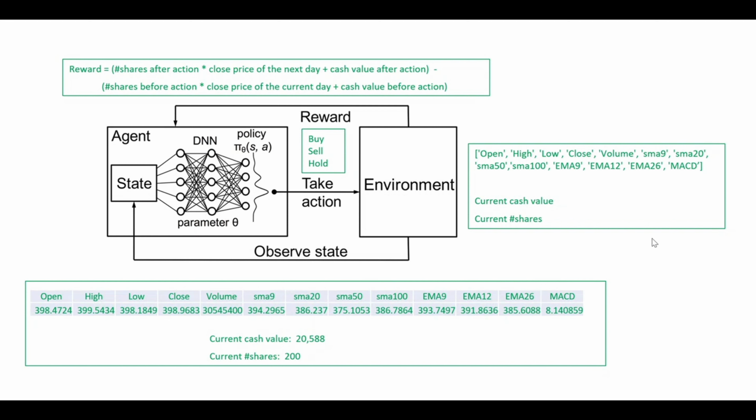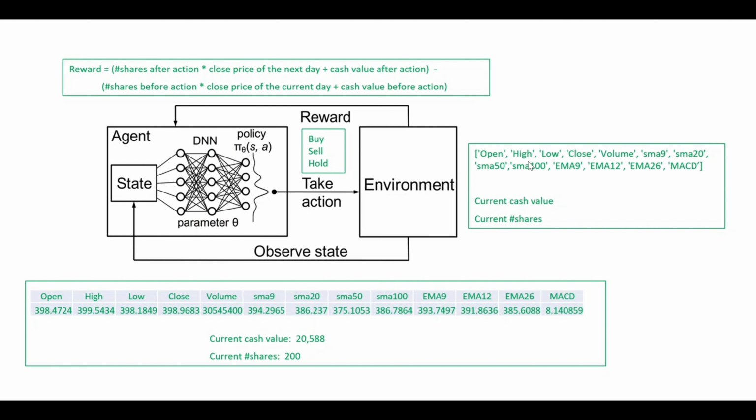Remember that we have a data frame that stores SPY daily price and volume data, and we also derived a bunch of indicators. So the attributes that we have for that data frame are open, high, low, close, volume, and some indicators.